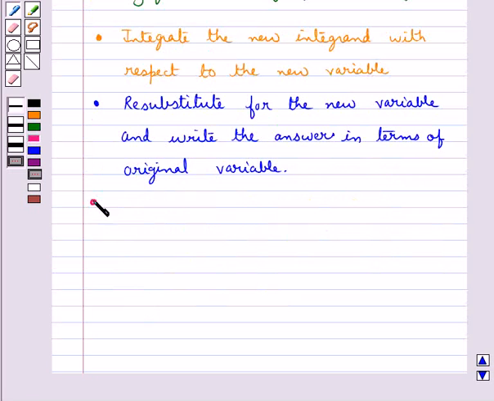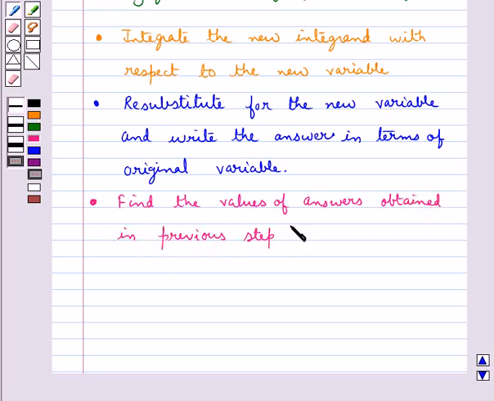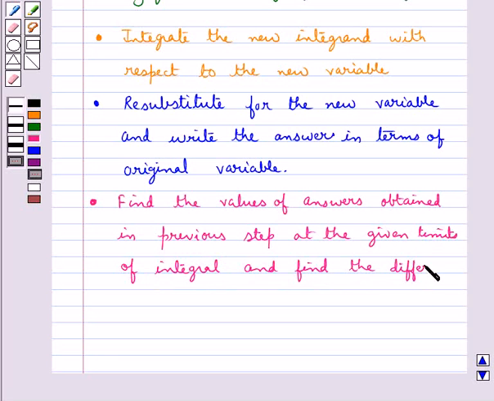Then lastly, we find the values of the answer obtained in the previous step at the given limits of the integral and find the difference of the values at the upper and lower limits.